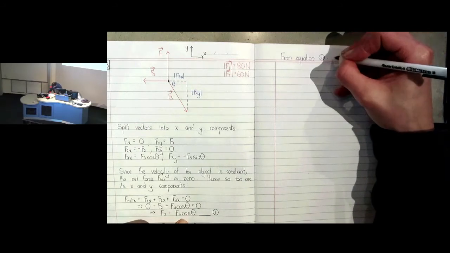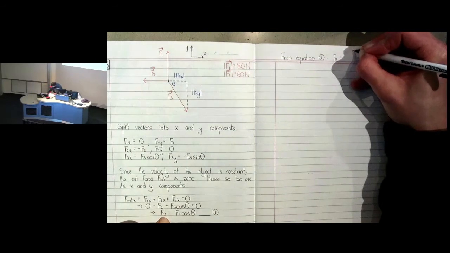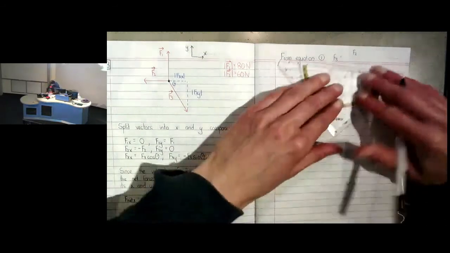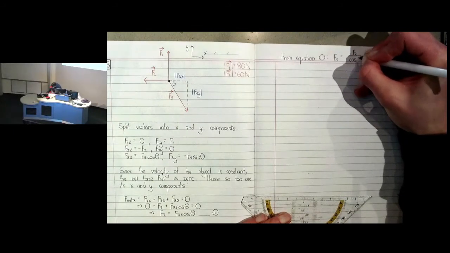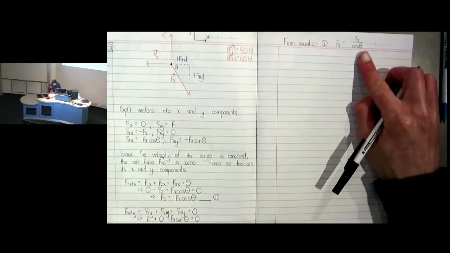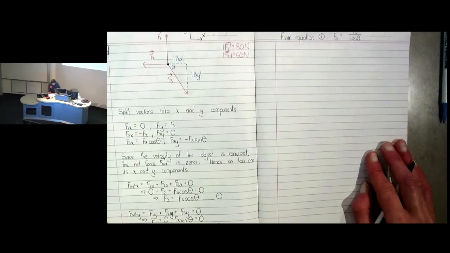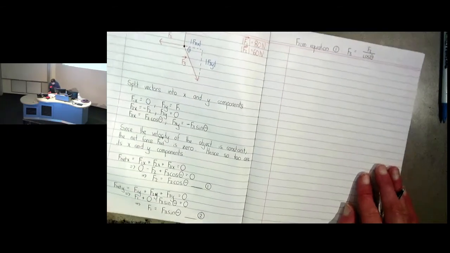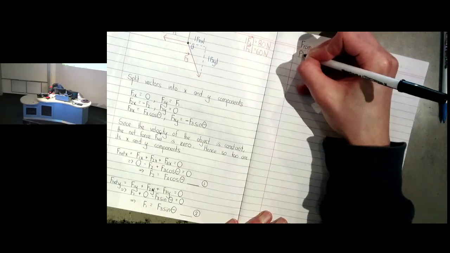So in that case, we're going to have that F3 is equal to this F2 divided by cos theta. And now let's take this and plug it into equation 2.